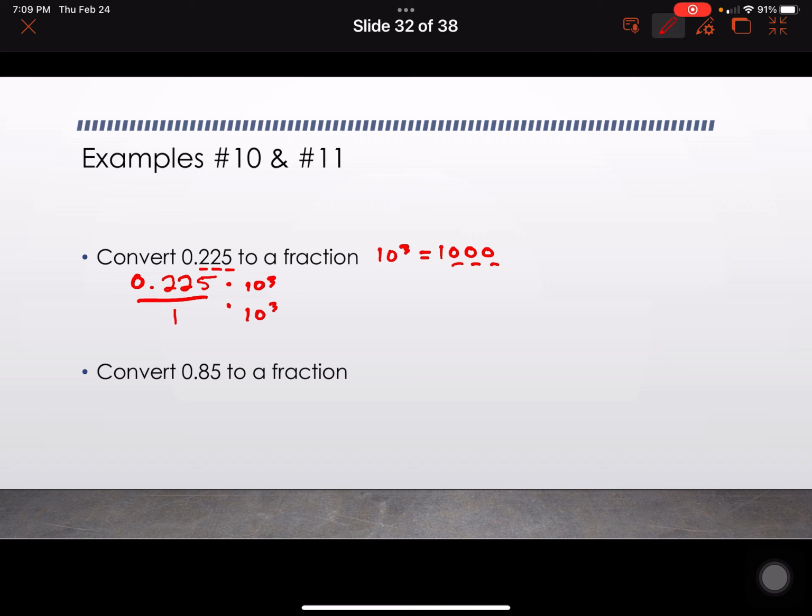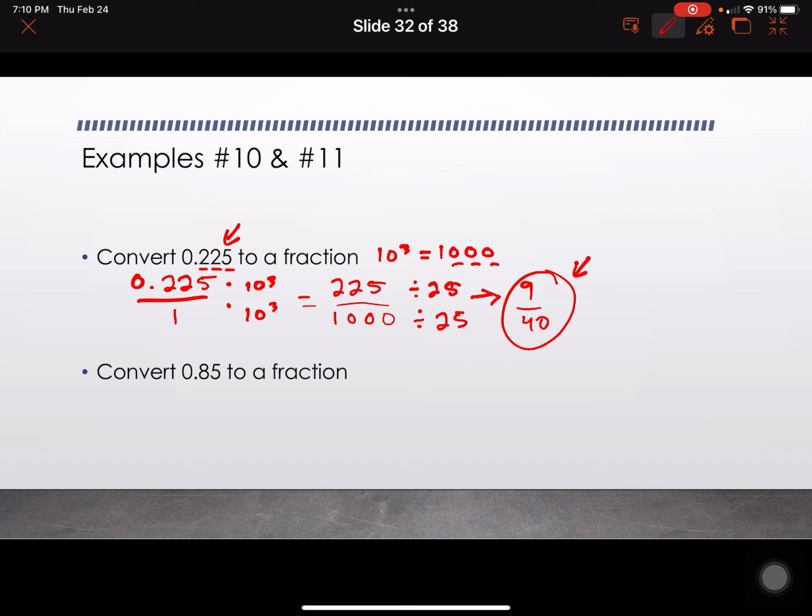So that gives us 225 over 1,000. But this can be reduced using greatest common factor, which looks like it might be 25 here. I'm not going to go through them all, but let's start with 25 to reduce this. And we end up with 9 over 40. Now this looks like it can't be reduced any further, so I think we got it right. So this is our final answer here.